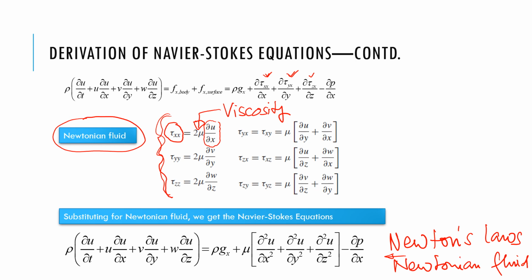And this is one component. This is only for U. We'll see in a second for the other component. But this, with the other components, would be what's known as the Navier-Stokes equation. So the Navier-Stokes equations is simply Newton's law applied to fluid, but of a Newtonian type of fluid.